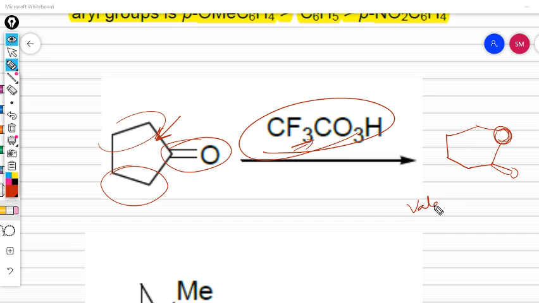This is called valerolactone. Valero means 5 carbons, and lactone means ester. Cyclic esters are said to be lactones. So it is 5 carbons with a cyclic ester. Okay. Next.